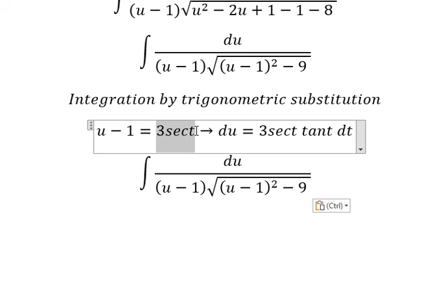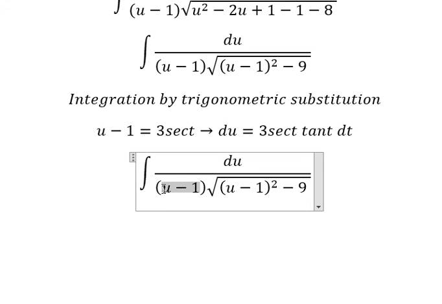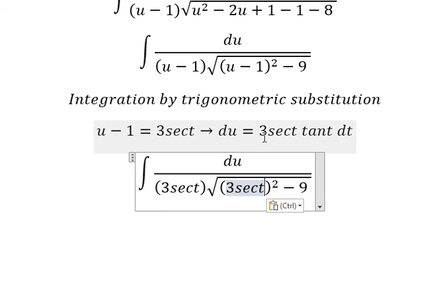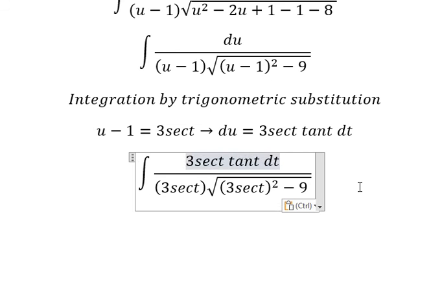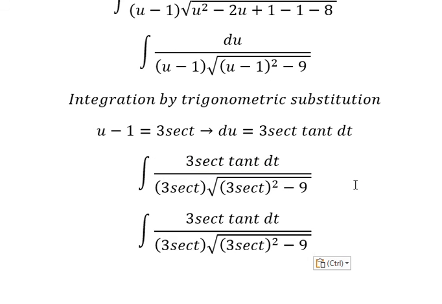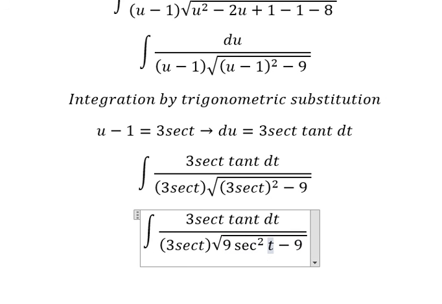So I will put this one going here. This one going here. Du we change by this one. So this one we have 9 secant of t squared.